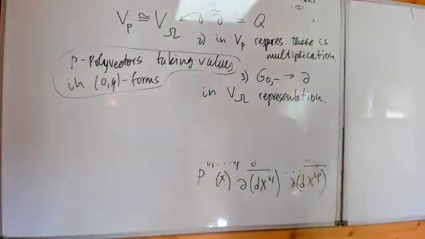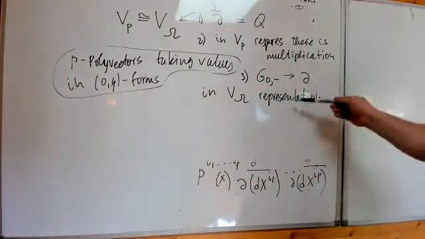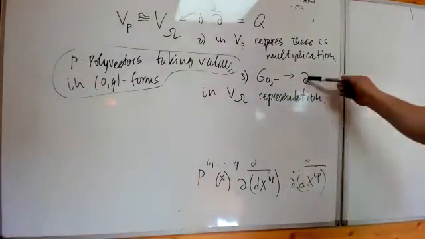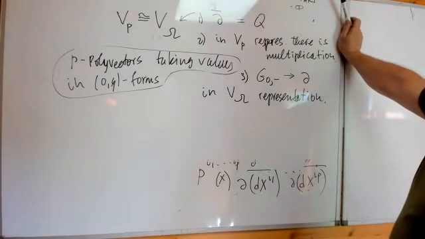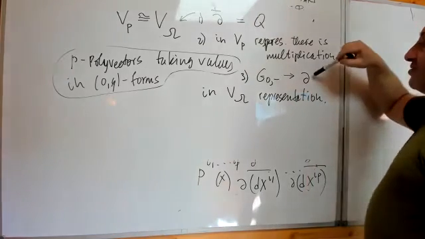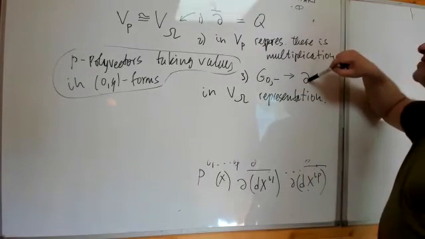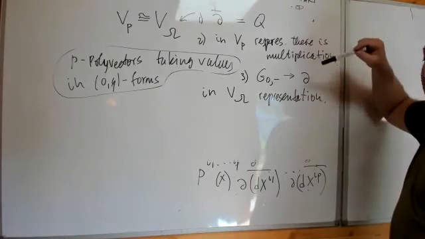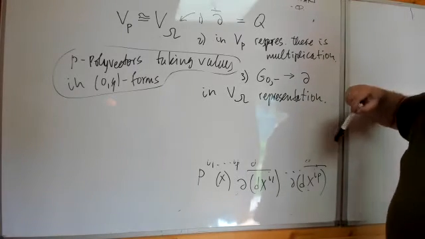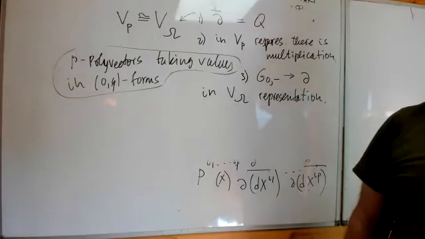We all know that Dolbeault in VQ representation looks like a first order differential operator. However, it is a first order differential operator with respect to multiplication of differential forms that we are not using here. And it's important to avoid confusion.